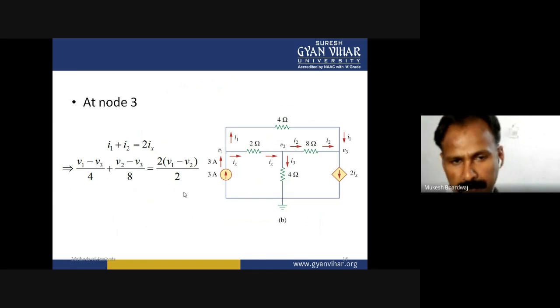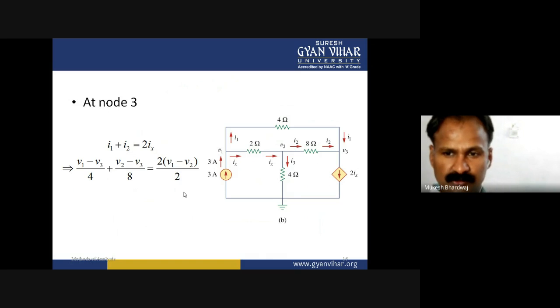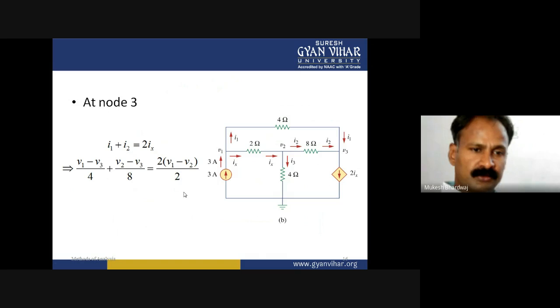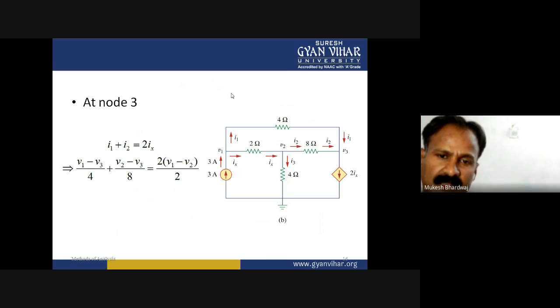Now at node 3, I1 plus I2 equals 2Ix. So I1 is V1 minus V3 by 4 plus I2 is V2 minus V3 by 8, equal to 2Ix. Ix we have already calculated as V1 minus V2 by 2, so just put the value of Ix here.